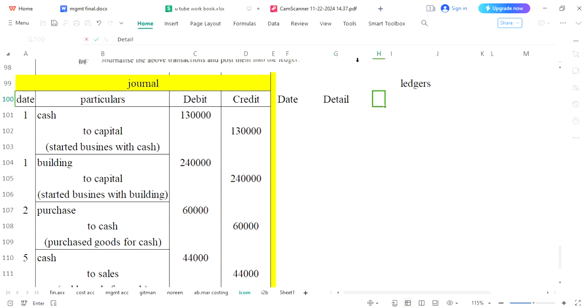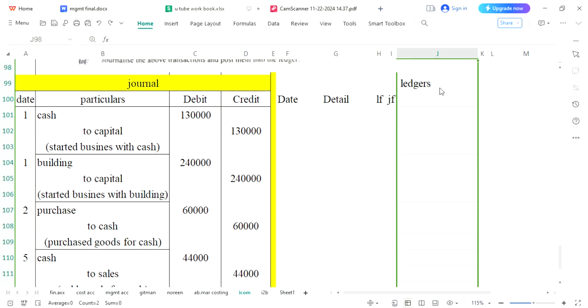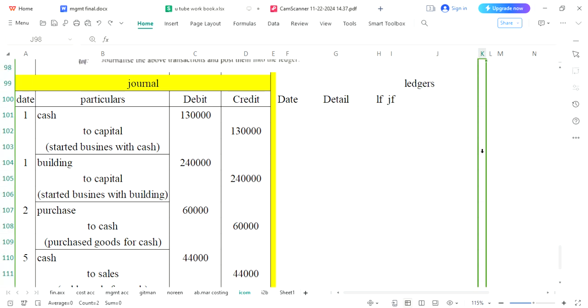Then this would be ledger folio, and this would be journal folio, which would normally not be used. Okay, one more column was needed for the date and we'll have to adjust it. Another column is needed, so we have increased it.